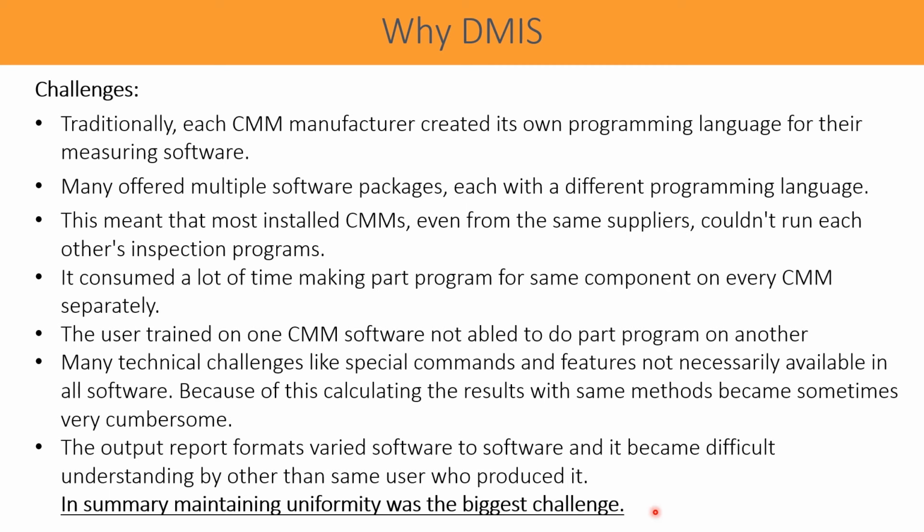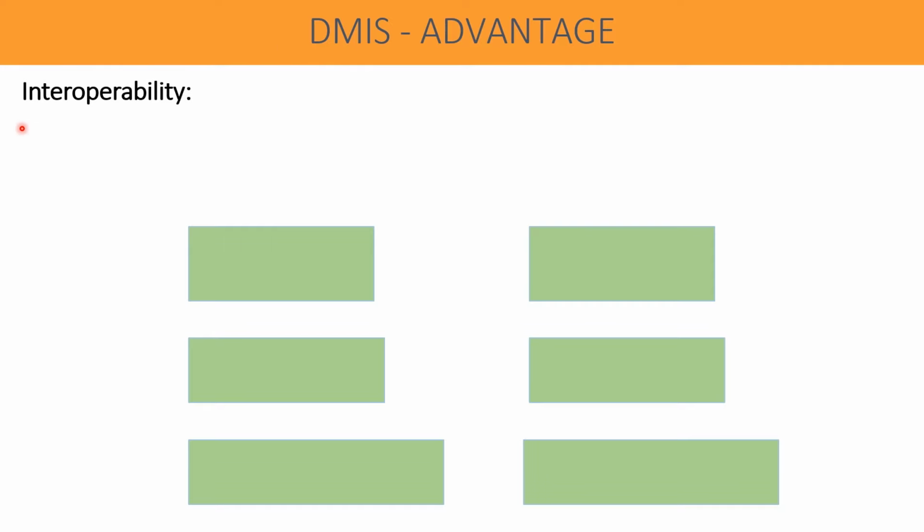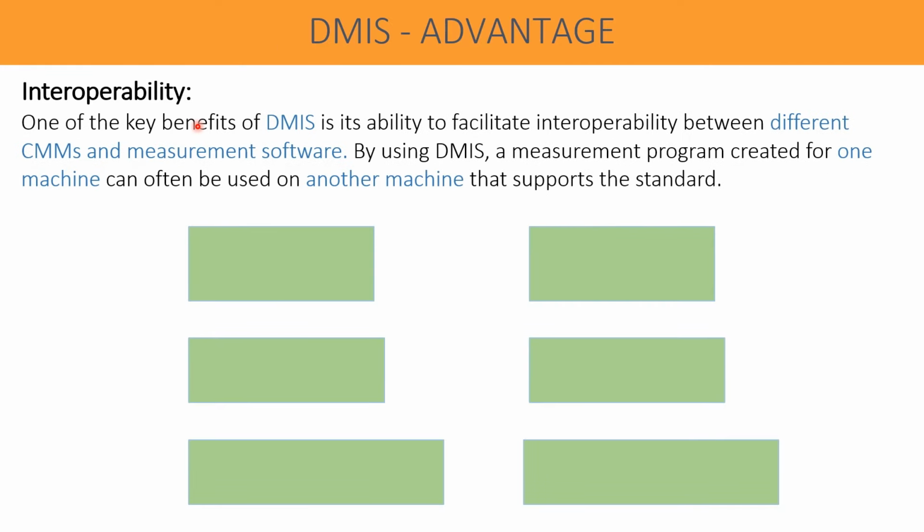In short, maintaining uniformity was the biggest challenge. One of the key benefits of DMIS is its ability to facilitate interoperability between different CMMs and measurement software. Here, interoperability refers to the ability of different systems and applications to work together and exchange information efficiently. This can be achieved through standardized protocols.